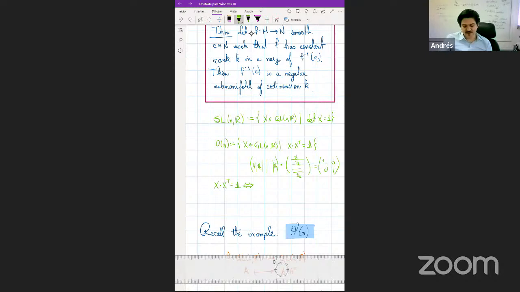This is equivalent to saying that the rows of the matrix X are orthonormal vectors with the standard dot product on Rn.